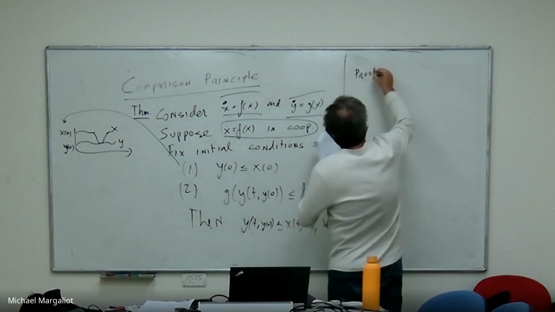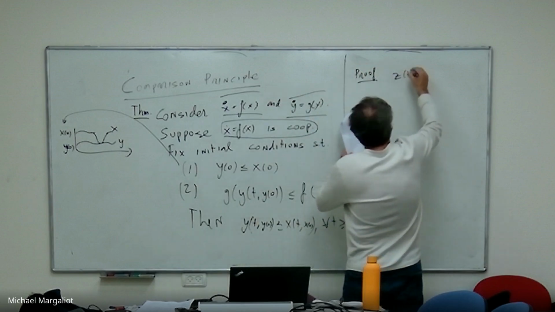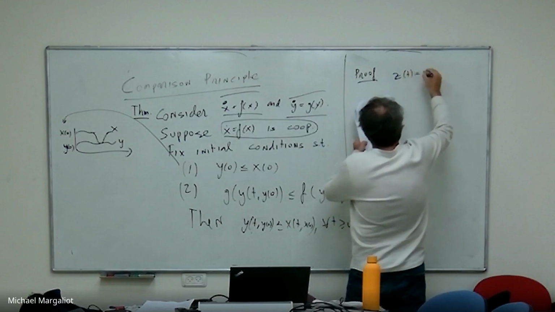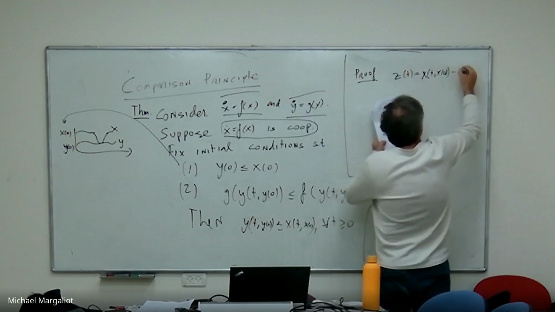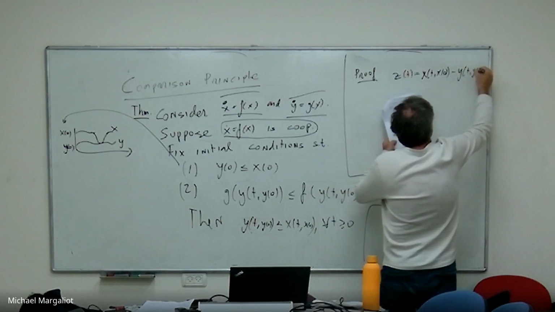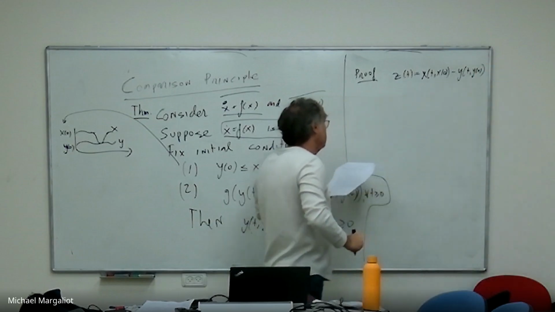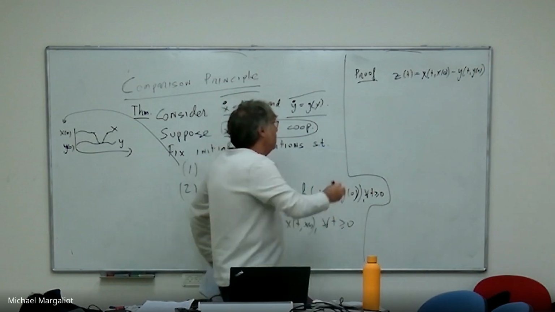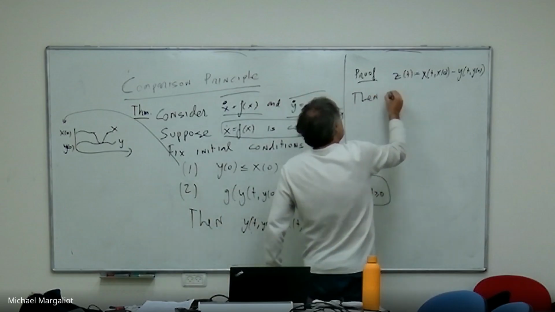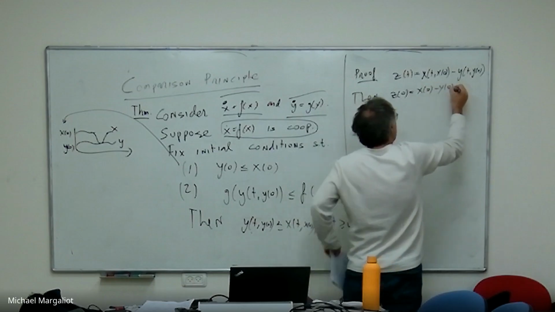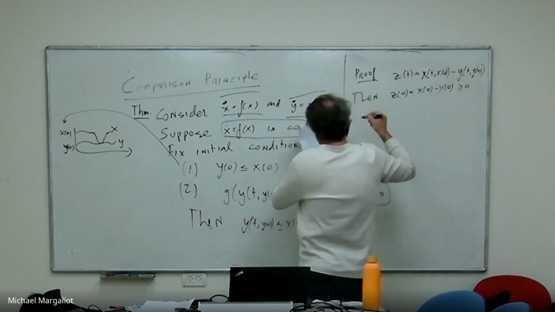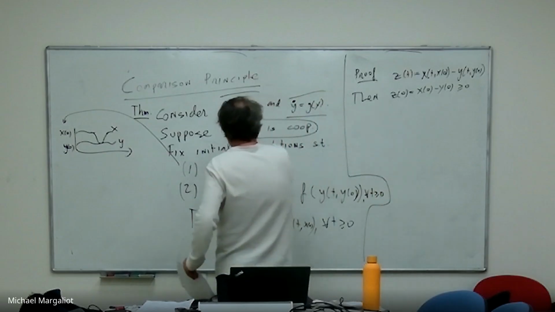Now let's do the proof. It's very simple because of this. That's why I'm doing it. Let's define Z(t) as the difference between the two solutions. Then Z0 is X0 minus Y0, which is non-negative because of this condition.